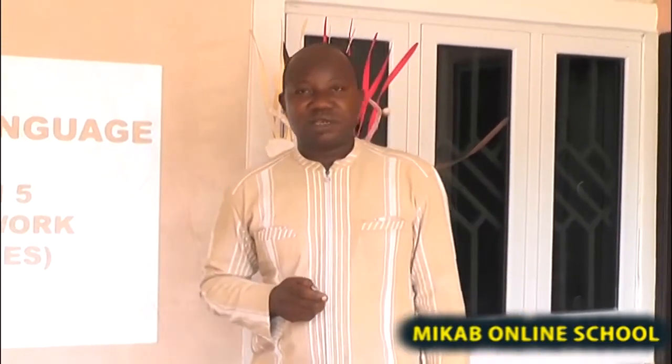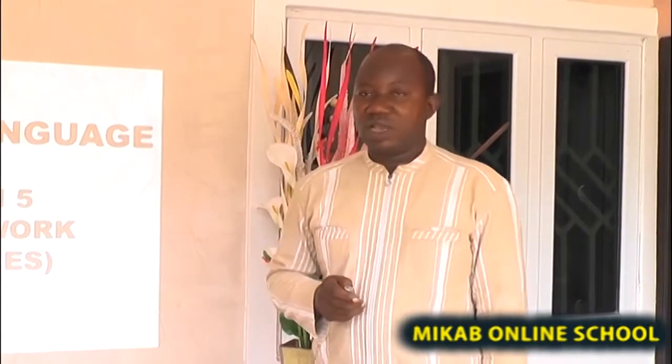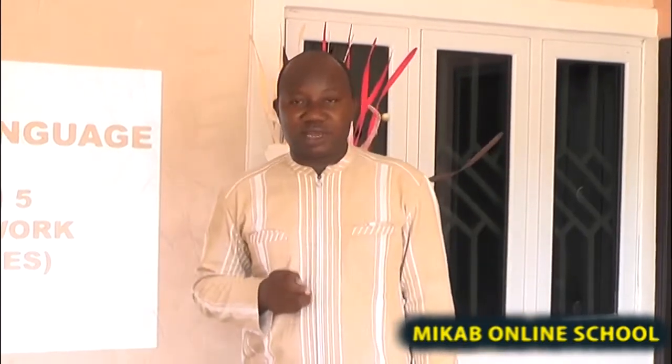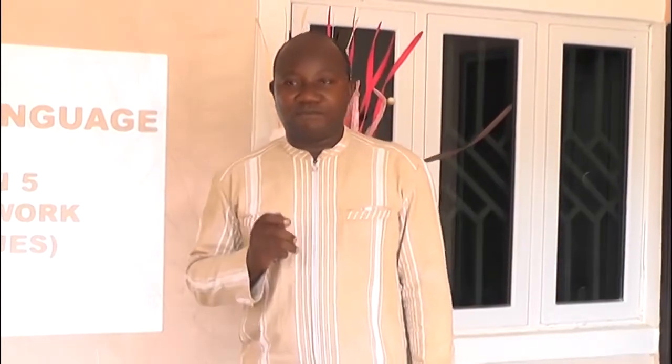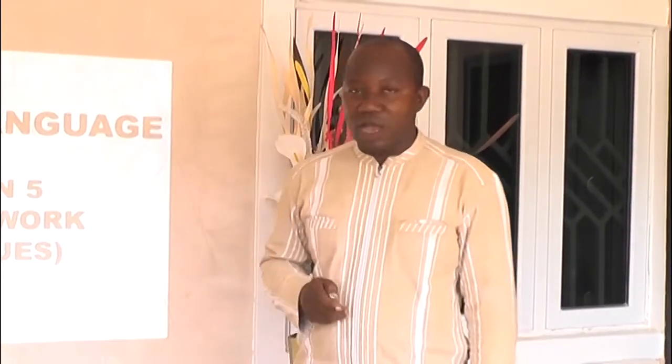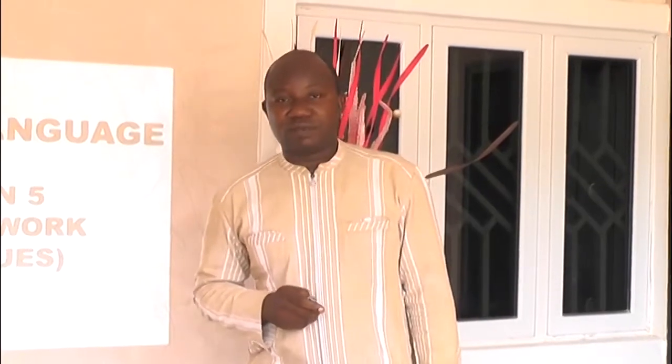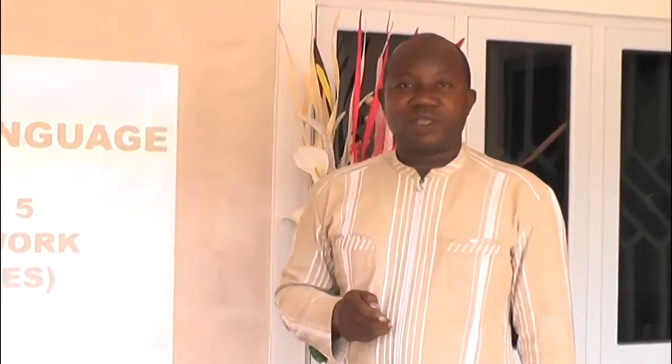We have discussed the various vowel sounds, which we divided into two: the pure vowels and the diphthongs. I introduced you to consonant sounds, and I told you that there are 24 sounds in consonants. We have classified the consonant sounds on the basis of manner of articulation.